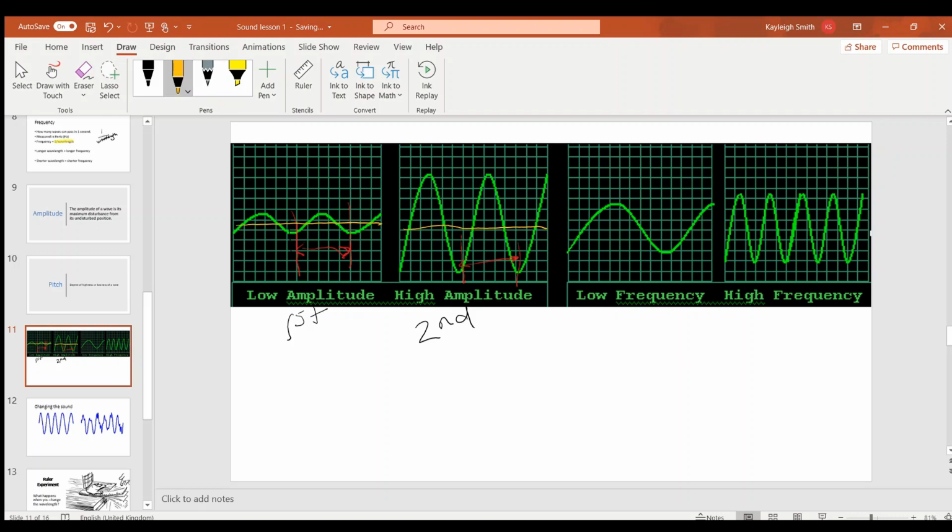A bit tricky on this one, but you can see on this one, the height of the wave is much higher, and on this one, the height of the wave is much smaller. So this is the one that is going to be much louder, and this one will be quiet. On the right hand side, the loudness of these waves is the same because they haven't got any higher or any lower than each other.